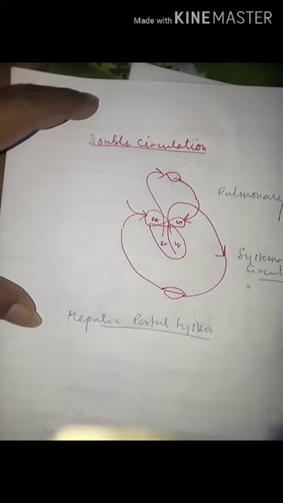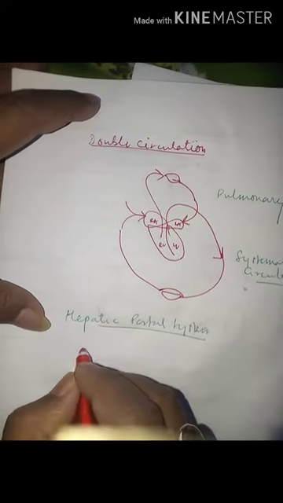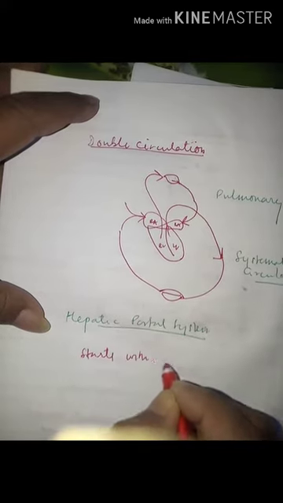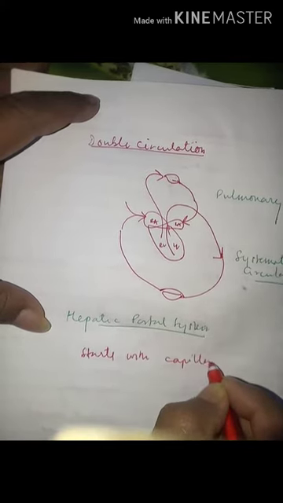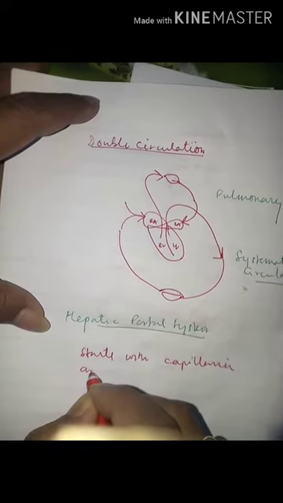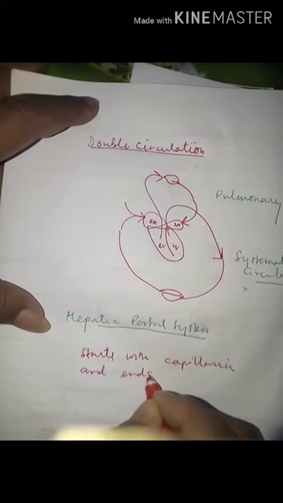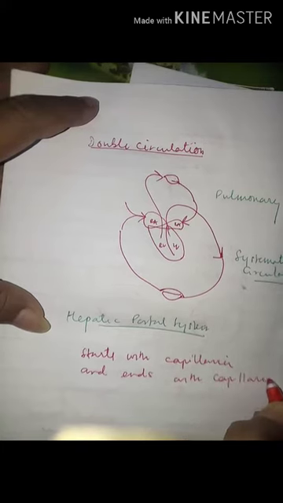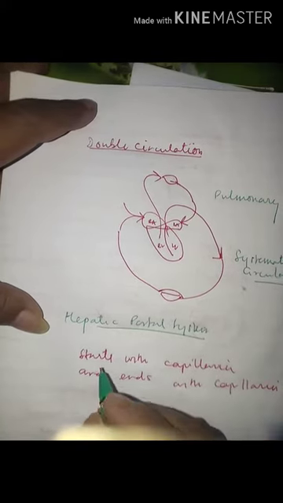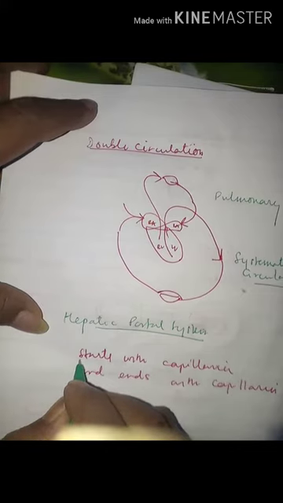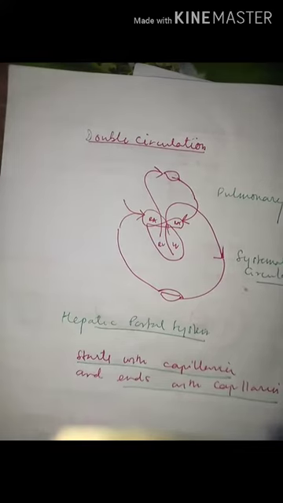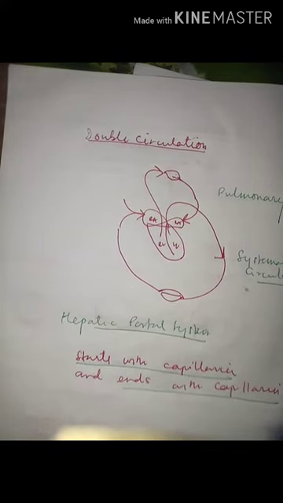A system that starts with capillaries and ends with capillaries is called a hepatic portal system.